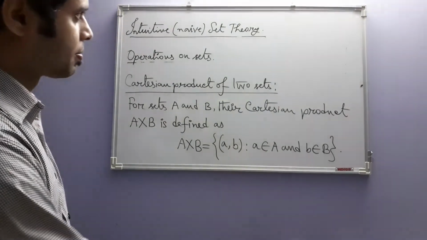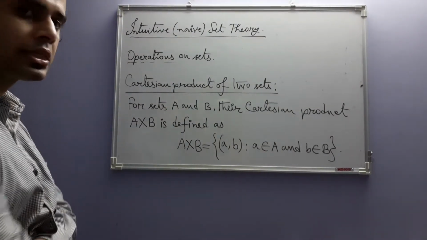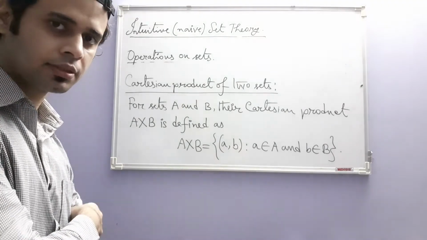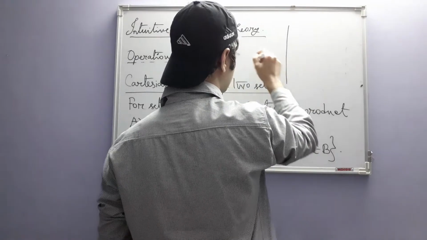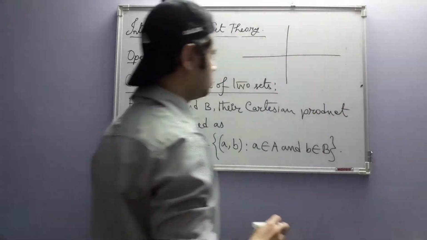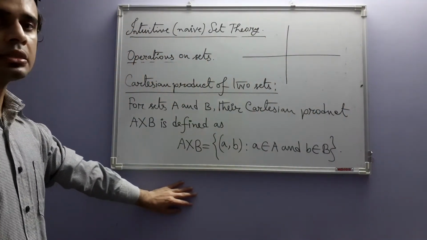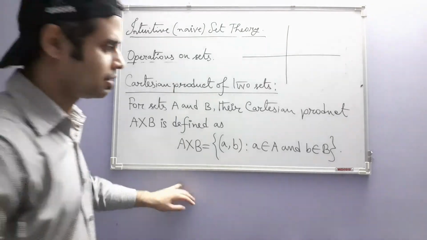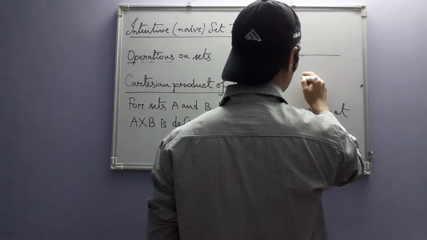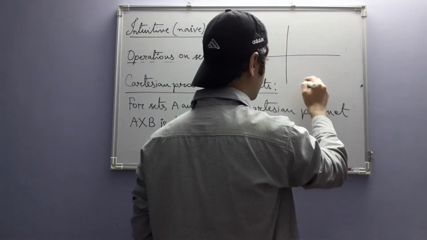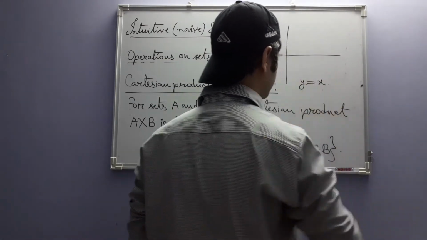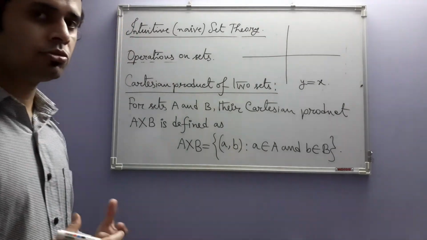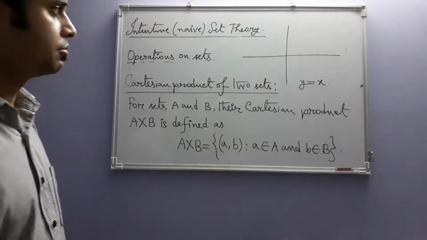You see, most of us have drawn graphs, right? In school level, we have been asked to draw graphs of some equations which look like this. For example, y is equal to x. We have been asked to draw the graph of this equation.